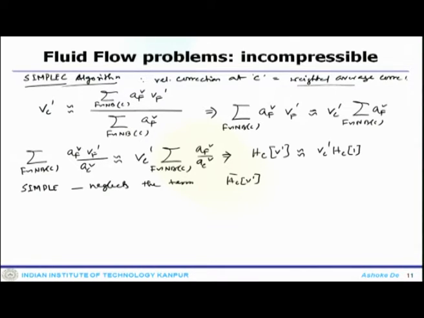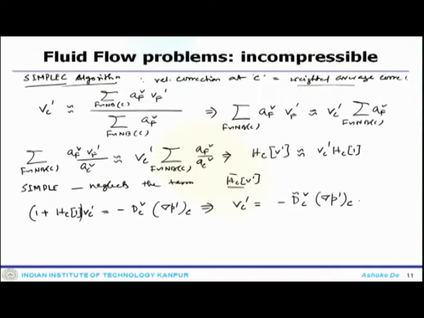So, in this case we do not neglect this term, rather it is replaced. So, in this particular case this term is replaced by an equation which can be written as 1 plus Hc1 Vc prime equals minus Dc V delta P prime c, which will lead to Vc prime equals minus Dc V delta P prime c.